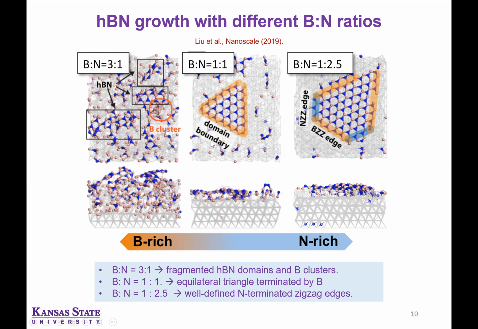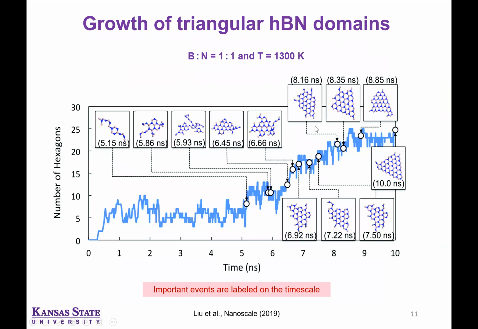At the 1:1 ratio, we start to see this triangular domain shape terminated by the zigzag boron edge. As we further lower the boron to nitrogen ratio, there is a transformation into a hexagon shape domain with alternating nitrogen and boron edges.